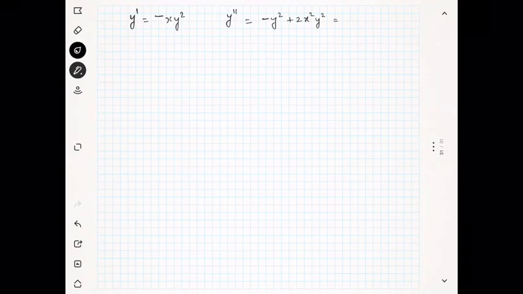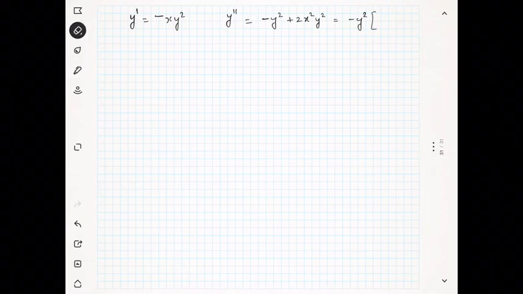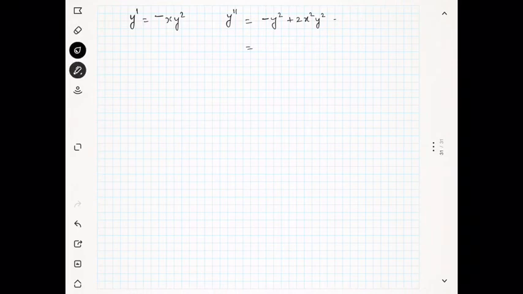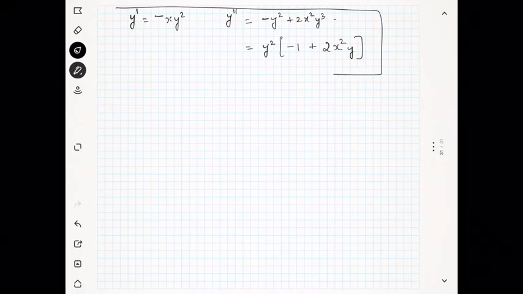Or you can write it in another way, you can take the y square outside, so it is nothing but minus y square into minus 1 plus 2 into x square y. You can write it like this. So you got both y dash and y double dash.